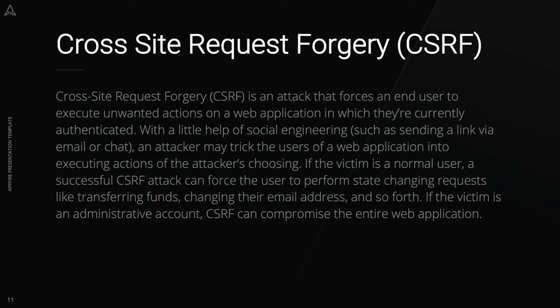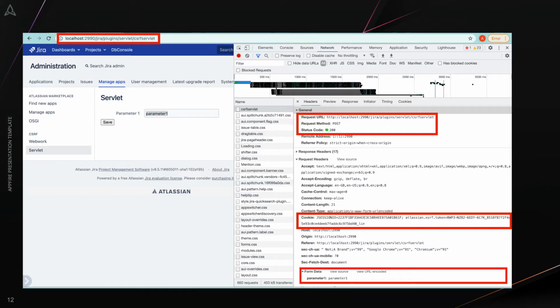Why? Let's have a look at an example. Let's say I'm authenticated into Jira. Here it is. As you can see, I've got my CSRF servlet. If I push the save button, the value parameter1 will be set for the parameter. Why? Because when I push the save button, a request is executed. It's a POST request to my servlet.